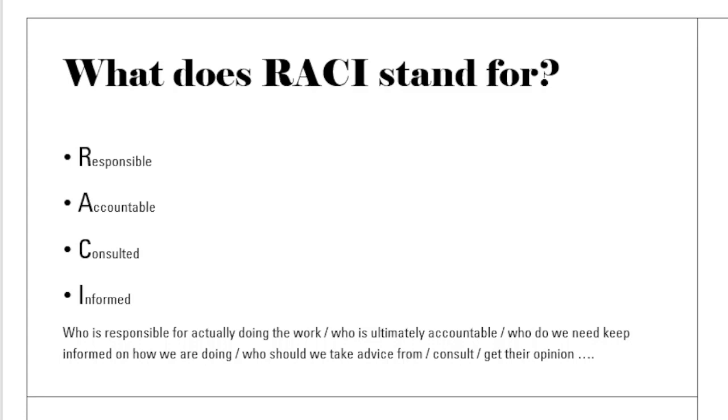Who do we need to keep informed on how we are doing, or what we are doing, and who should we take advice from, who should we consult, who should we get their opinion and just get their take on something. So these are really valuable tools. It's a RACI matrix, and it's no more complicated than using the various roles.